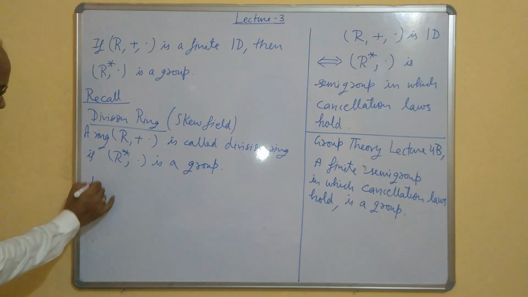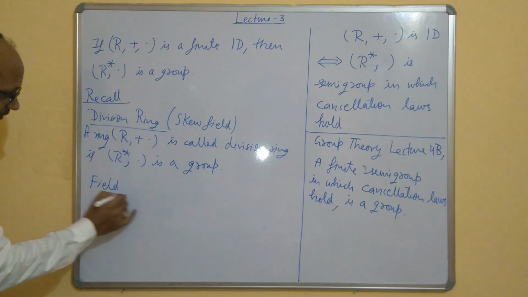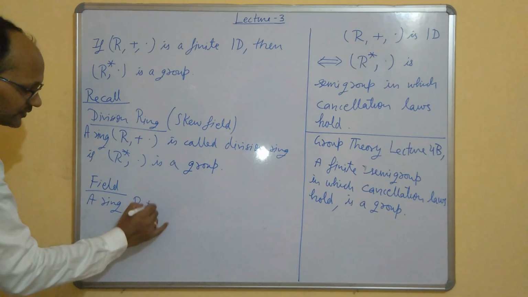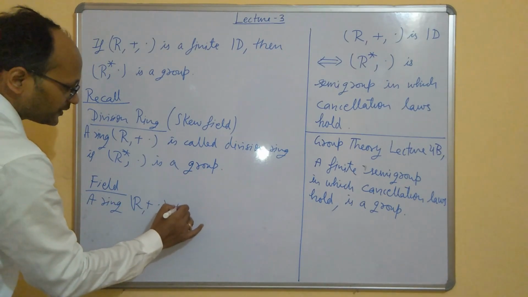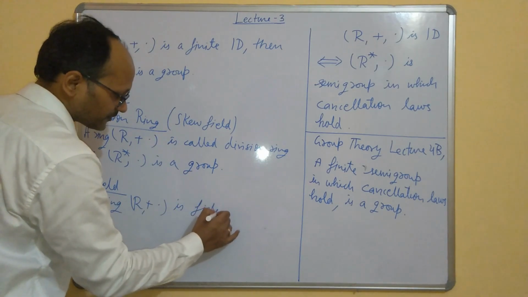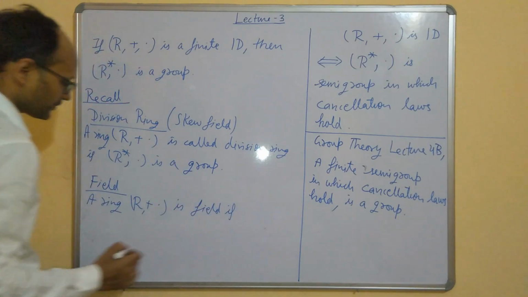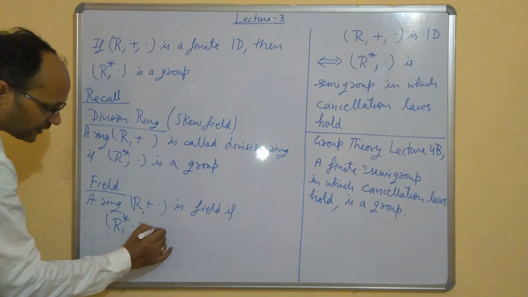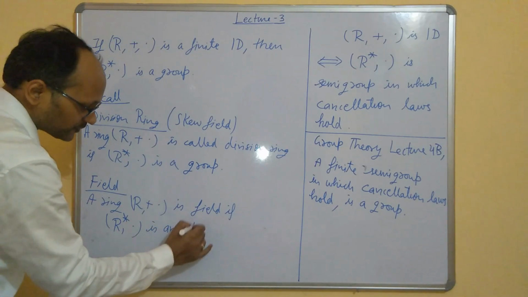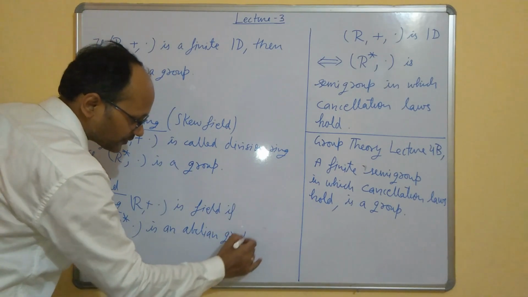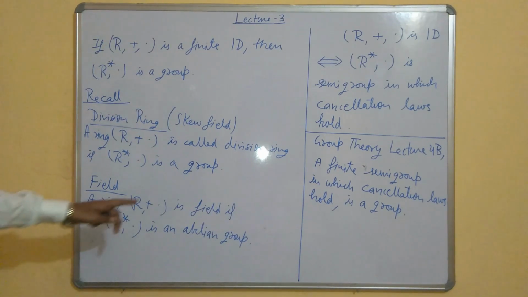And what is field? A ring R plus dot is field if R star dot is an abelian group. So the only difference is that it is a group and it is an abelian group.